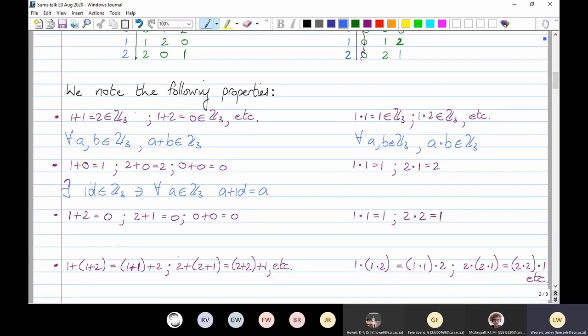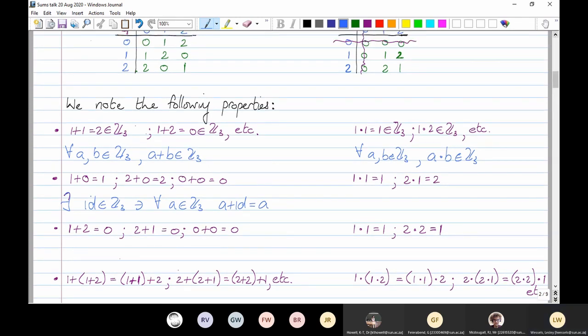Then the third property: if I add certain two elements together, I get that identity element.